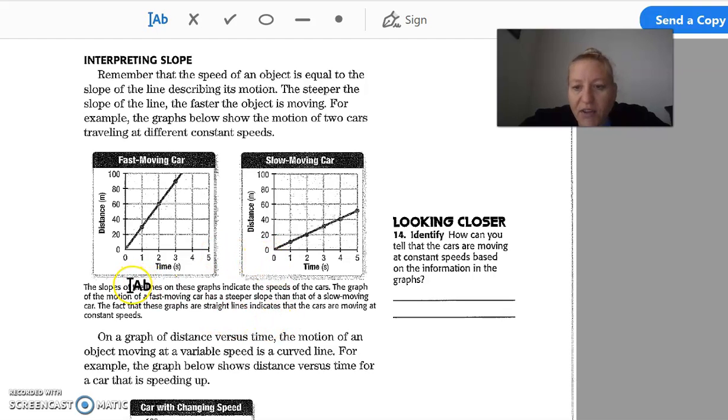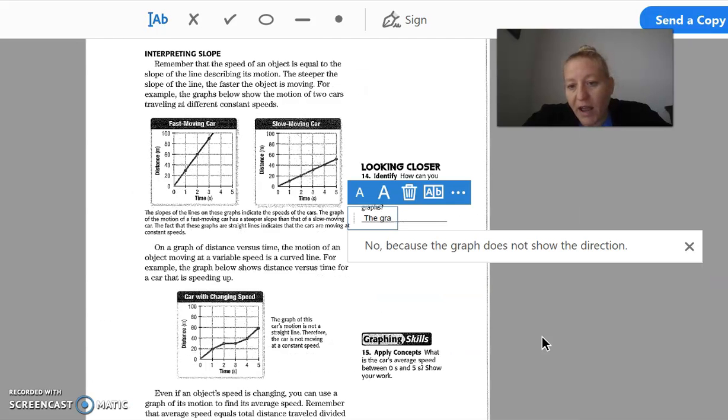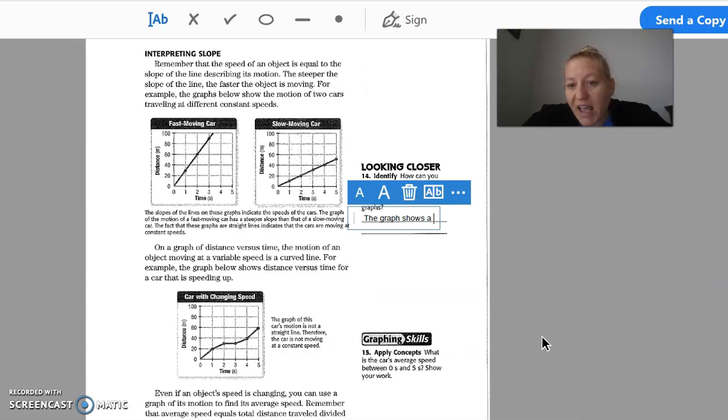How can you tell that the cars are moving at a constant speed based on the information in the graphs? That is because the graph shows a straight line.